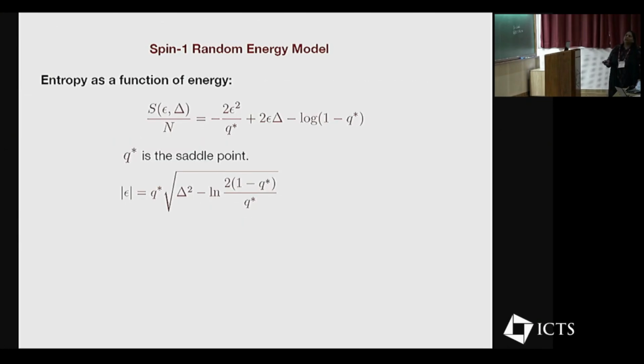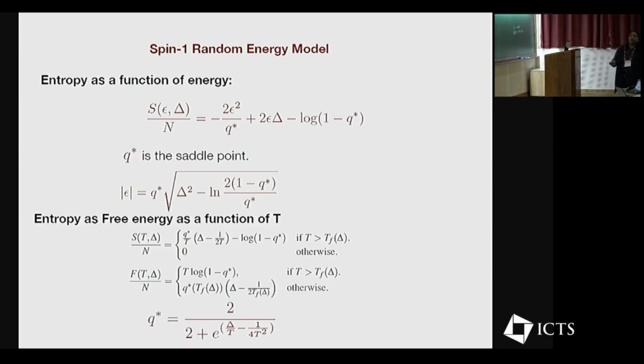So Q star is the saddle point of the integrand of the function f of the integral, which is found from f, and this Q star is connected with the value of epsilon via this relation. If you plug in this relation, the entropy as a function of epsilon and the crystal field delta is given by this expression.